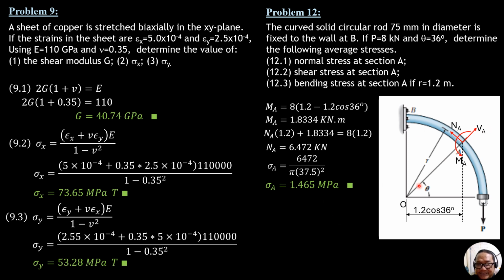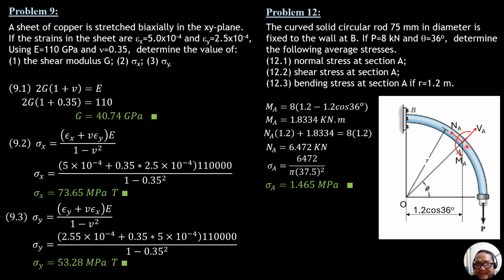For shear stress, imagine that P is transferred here. So we just sum up forces along the axis or along the direction of VA. So VA is equal to 8. This angle is 90 minus theta, 90 minus 36 is 54.